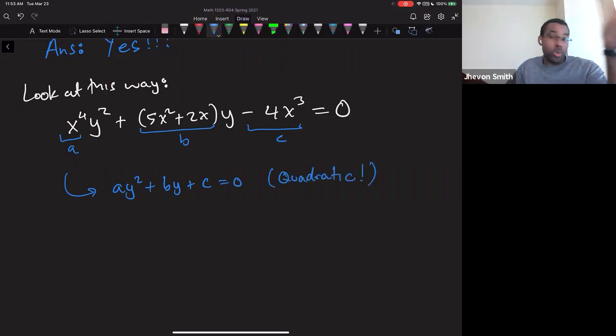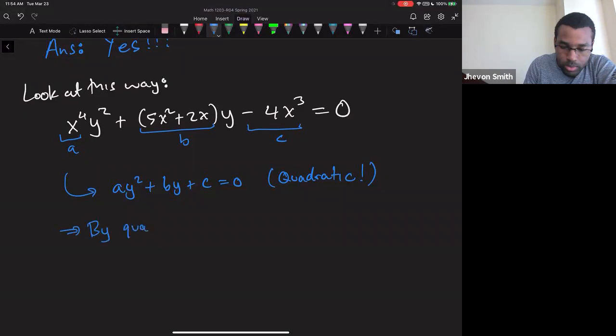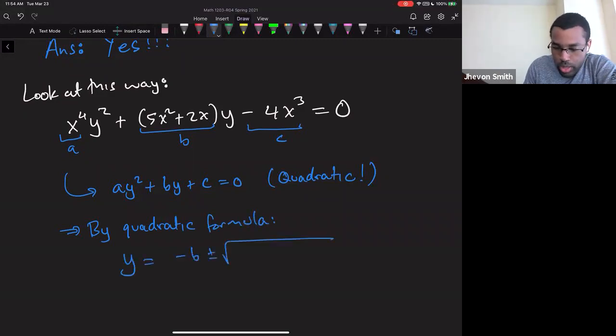Now, when it comes to quadratics, we have a couple options of how to solve this. We can factor it and set each factor equal to 0, or if it's really messy and we can't figure out how to factor it, which I wouldn't want to do here, we use the quadratic formula. So by the quadratic formula, my y is going to be minus b plus or minus the square root of b squared minus 4ac, all over 2a.